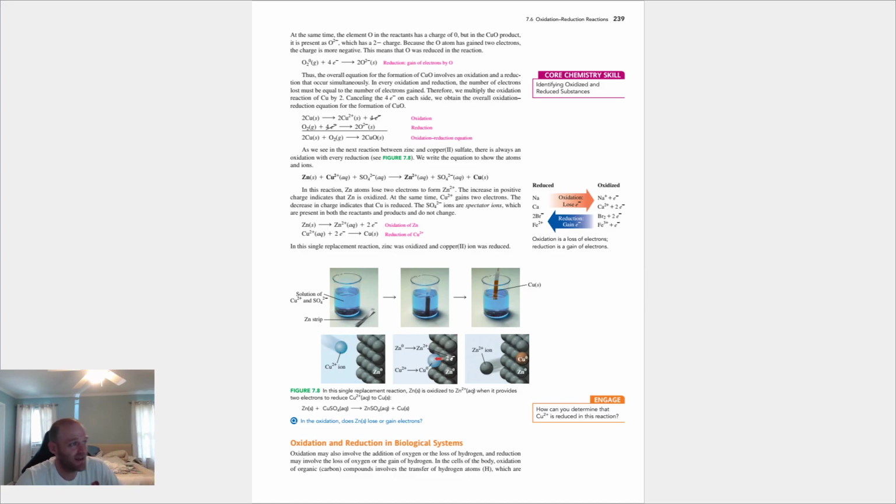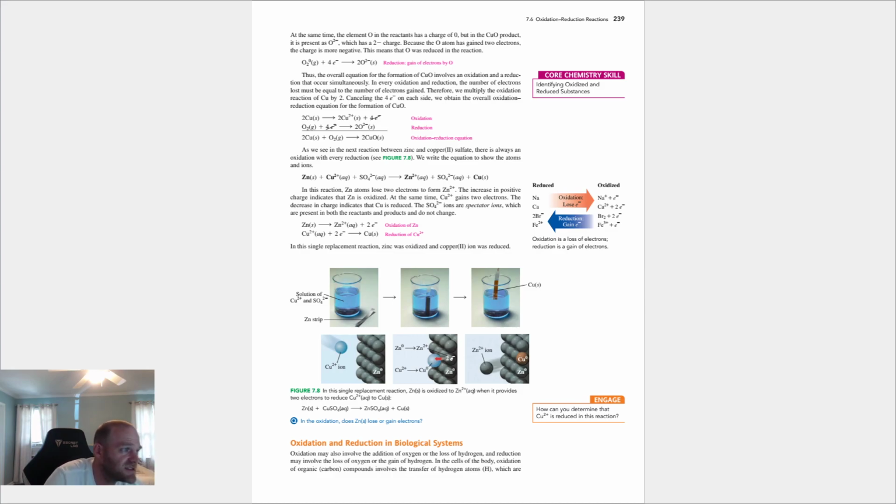But in any case, the 2 electrons are given up from the copper, creating that 2 positive charge, and they were donated to the oxygen to fill that valence shell. And so there's a reduction of the oxygen, remember reduction is gaining electrons, and then an oxidation of the copper.